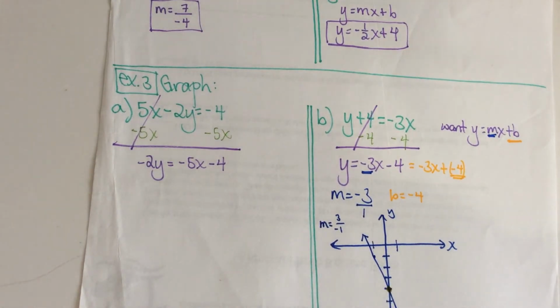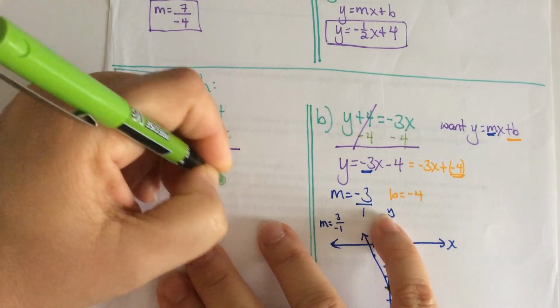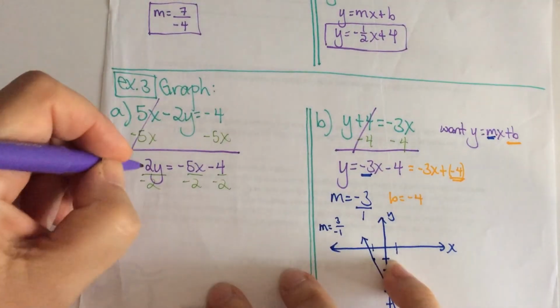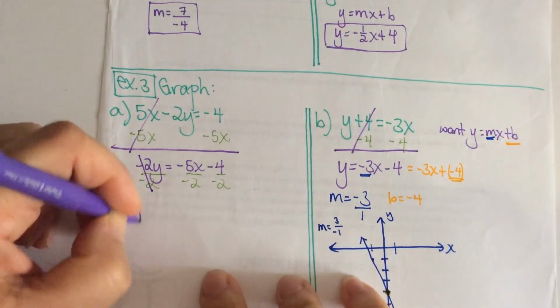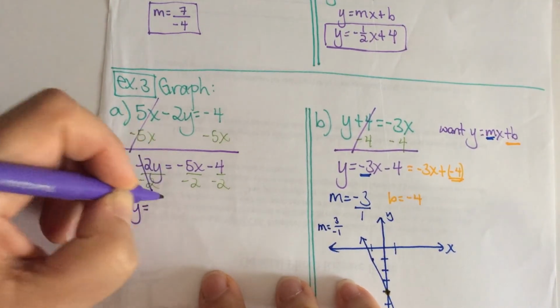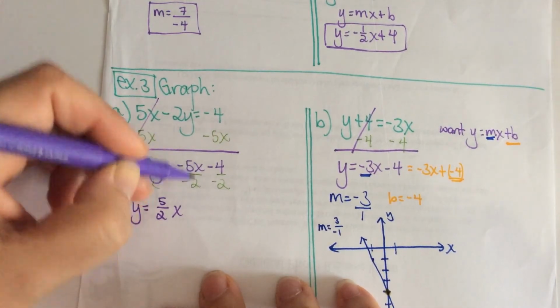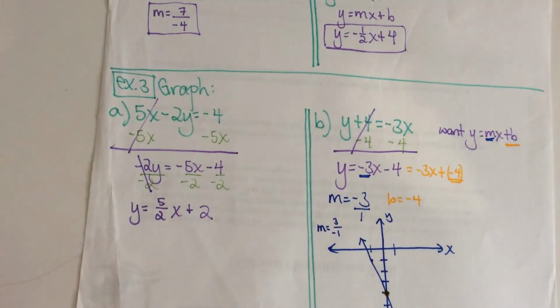I have an extra step on this one. I still need to get the y by itself, so I have to divide everything by -2. And then that multiplication and division is going to cancel out, so I'm left with y. A negative divided by a negative is a positive. So I have 5 over 2x, right? And then a negative divided by a negative is a positive, so +2.